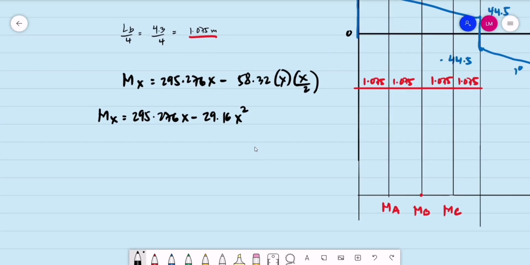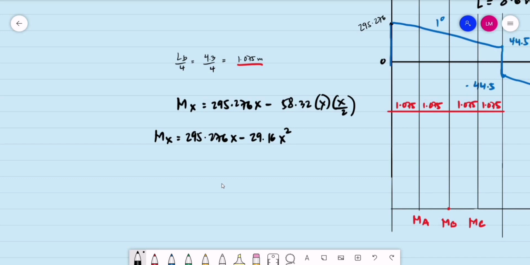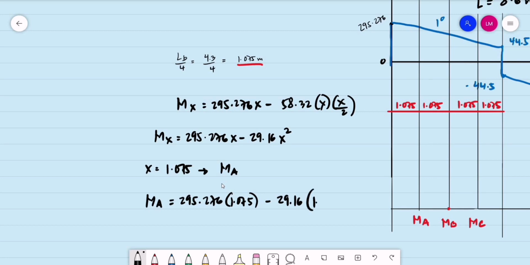So we are now ready to compute the moment at A, moment at B, and moment at C. At x equal to 1.075, we can compute the moment at A. So the moment at A is equal to 295.276 times x, that is at 1.075, minus 29.16 multiplied by 1.075 squared. This will be the magnitude of the moment at A.